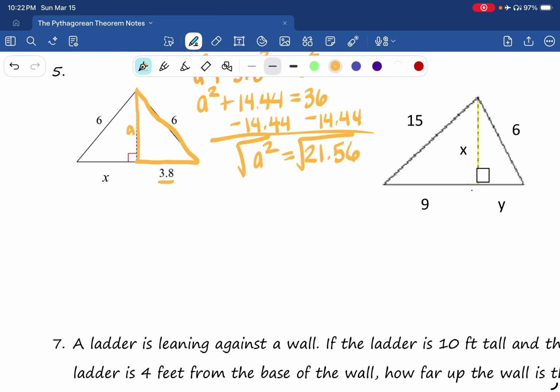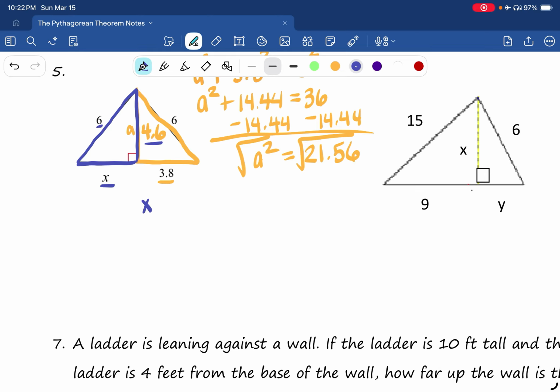So this means that the altitude is 4.6, this side right here, one of the legs of that triangle. Now we can find x. Now that we know this side here is 4.6, we can now find x. So 4.6 is one of our legs, x is another leg, and that 6 is our hypotenuse.